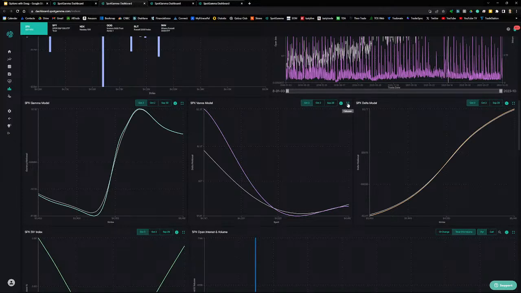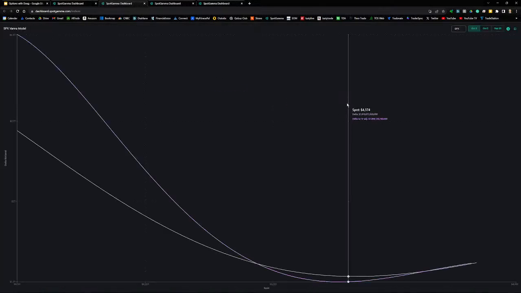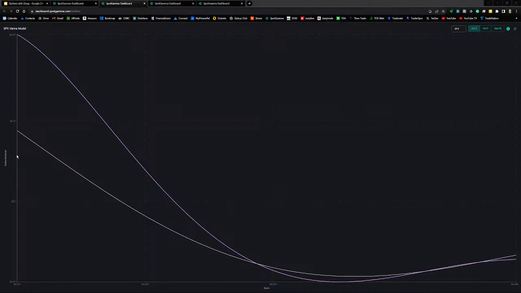I'm going to take a look at the Vanna model. This is for SPX. What this chart is showing is market makers' delta notional on the vertical axis and price for SPX on the horizontal axis. There are two curves on this chart.